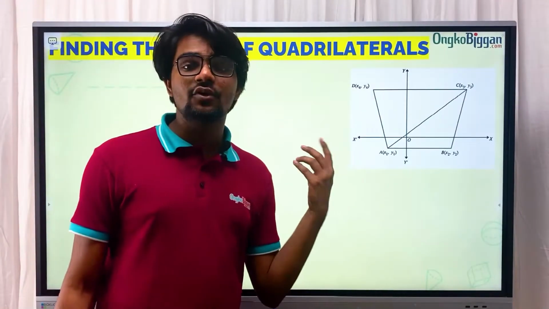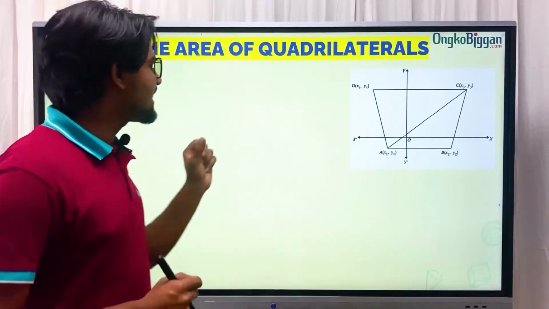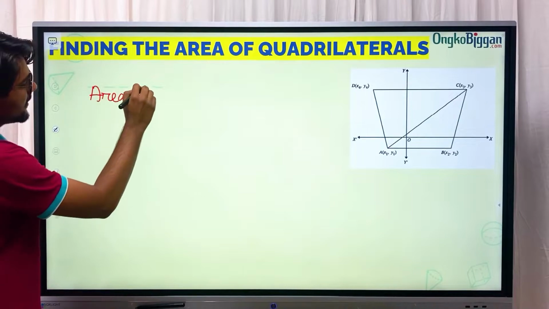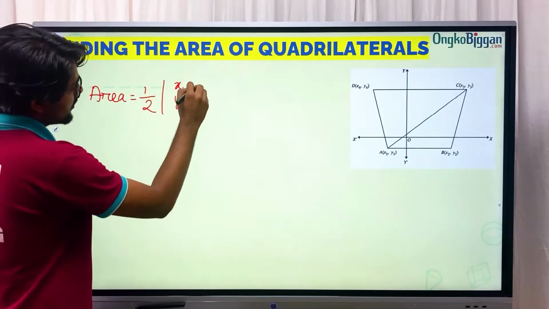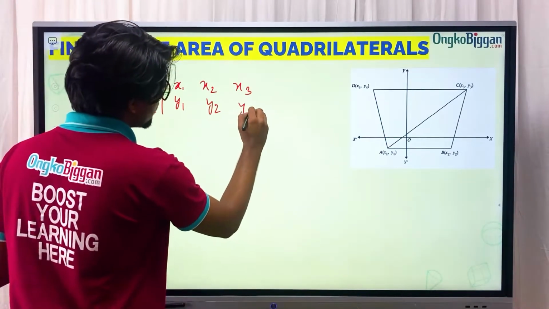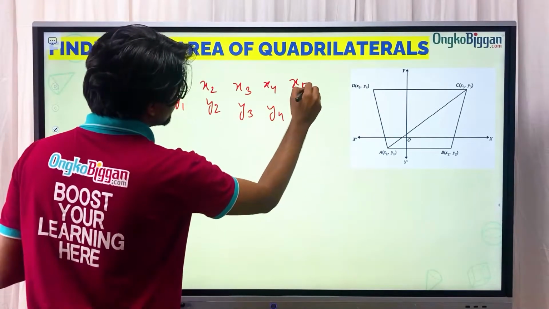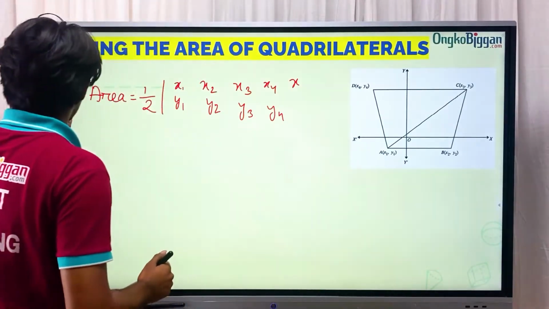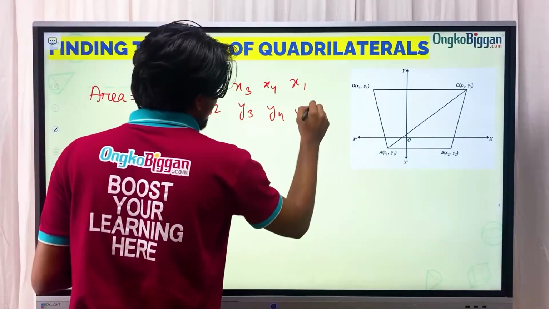To find the area of the quadrilateral, we are going to use the previous method, but this time it will be like this. So area will be half, then modulus x1 y1, x2 y2, x3 y3, x4 y4, then, sorry, it will not be x5, it will be again x1 and y1.